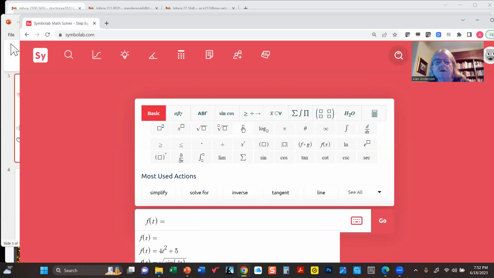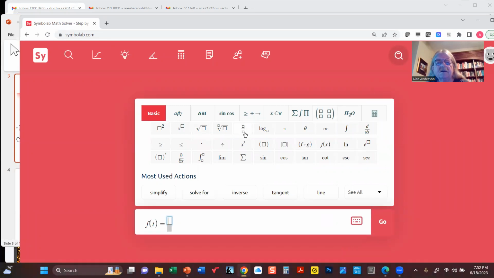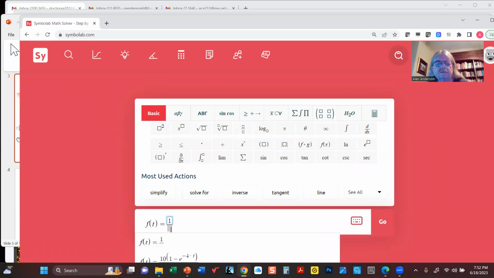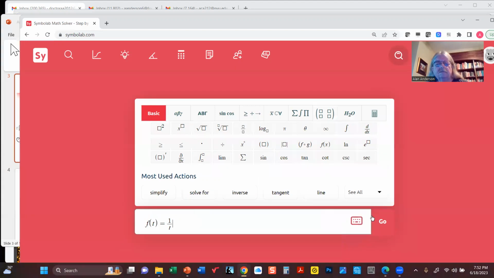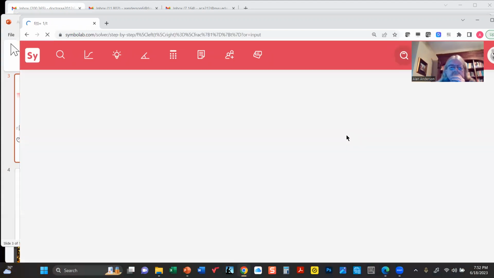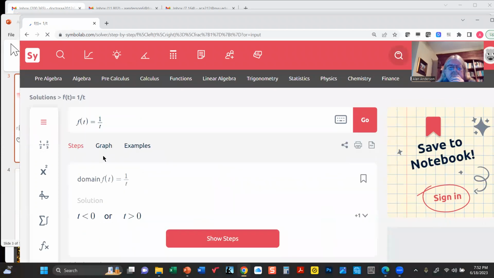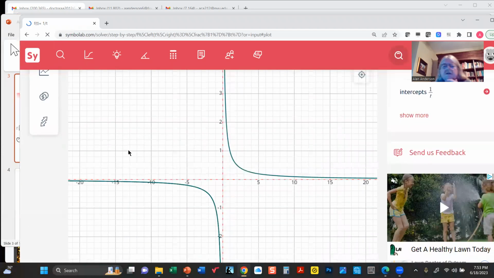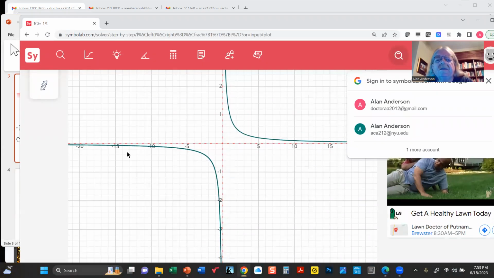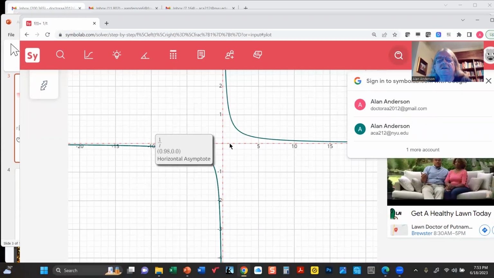I'll just continue to call it t, just to be consistent with the slides. Okay, so yeah, this is exactly what I drew, except that it's showing you here with these dashed lines that these are asymptotes to the function.